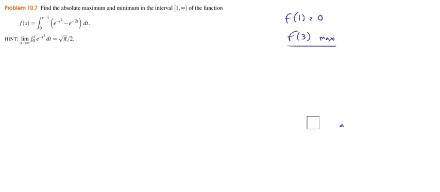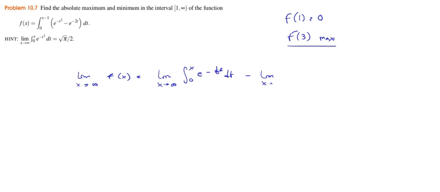So now we have to compute the limit when x goes to infinity of f, right? This is the limit when x goes to infinity of the integral between 0 and x of e to the minus t squared dt, minus the limit when x goes to infinity of the integral between 0 and x of e to the minus 2t dt, right?